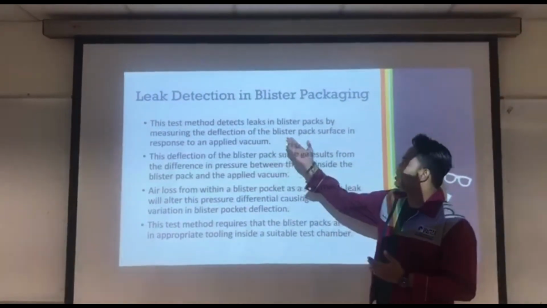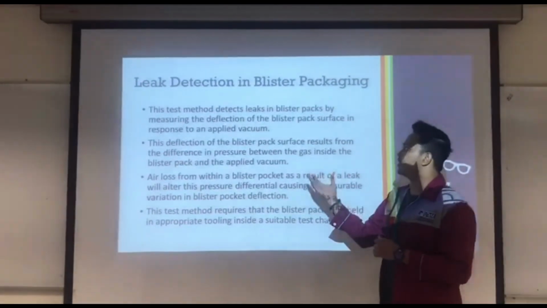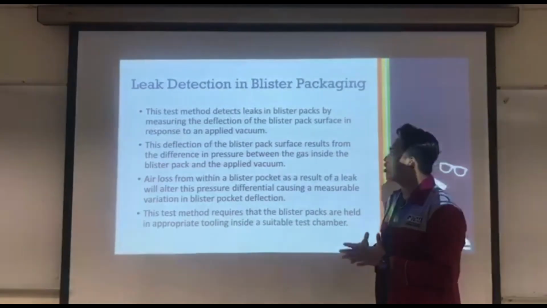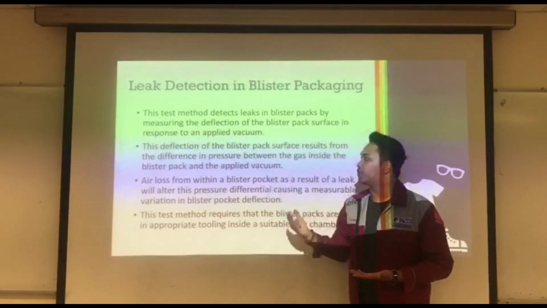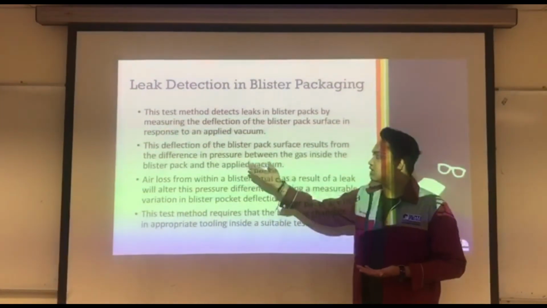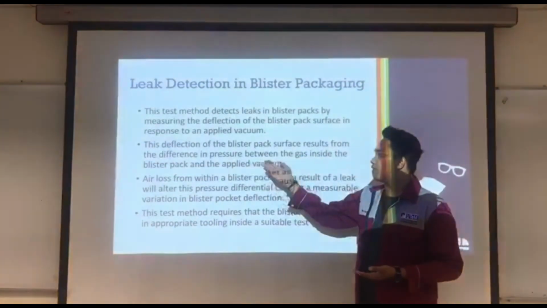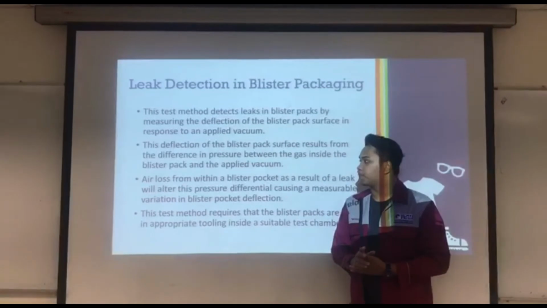Next. Okay, the leak detection in blister packaging. Firstly, this test method detects a leak in blister packs by measuring the deflection of the blister pack surface in response to applied vacuum. Second, this deflection of the blister pack surface results from the difference in pressure between the gas inside the blister pack and the applied vacuum.